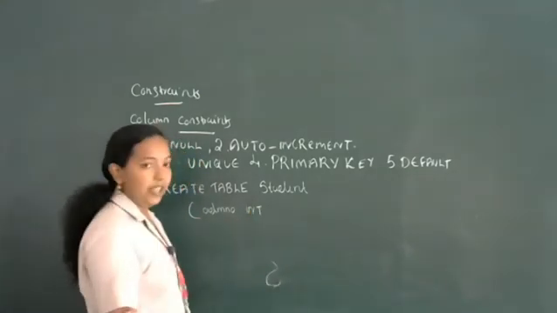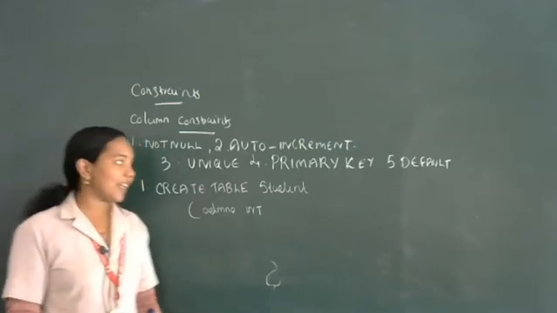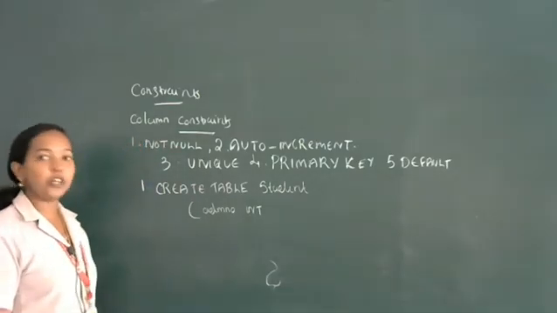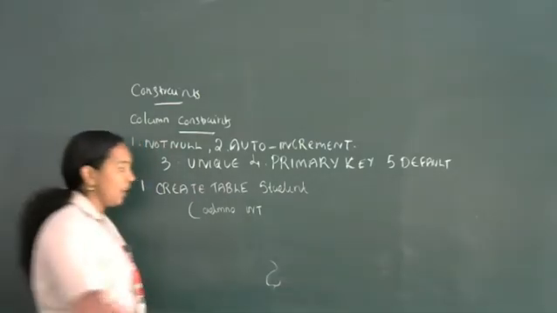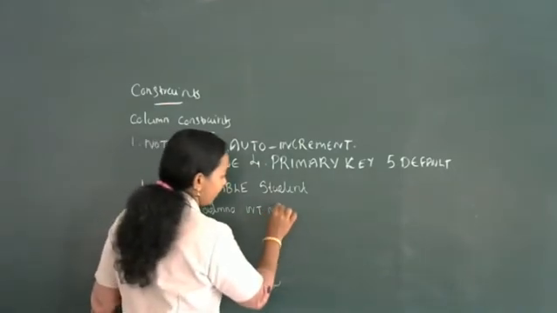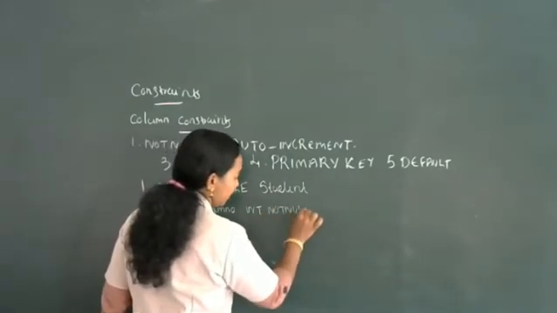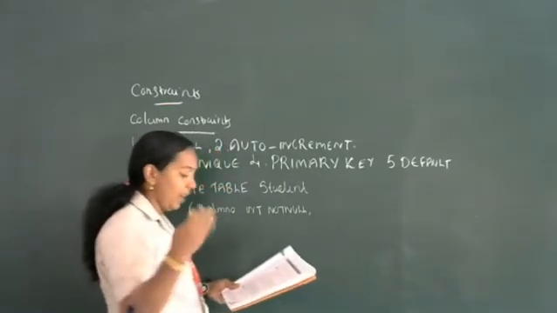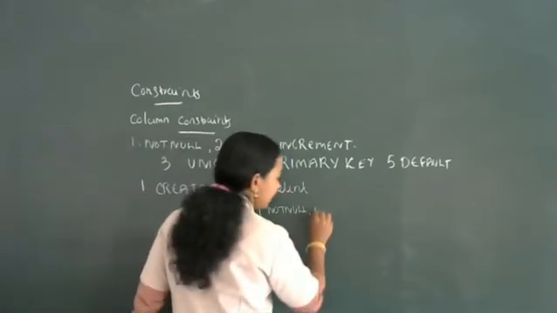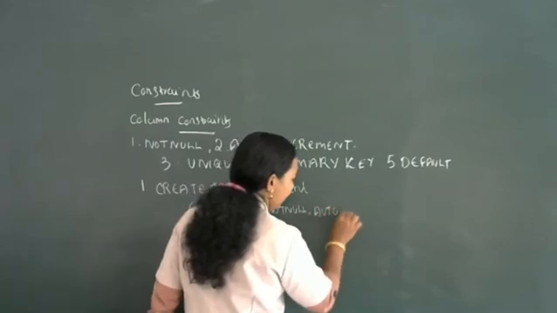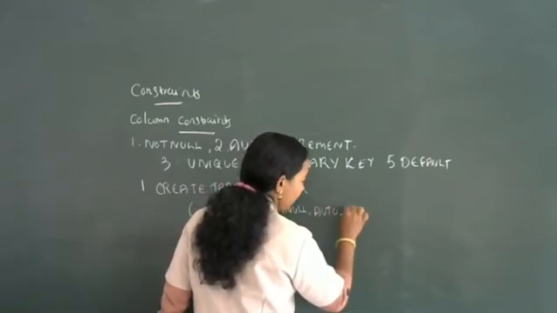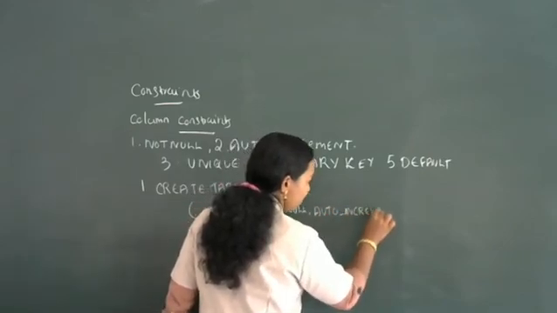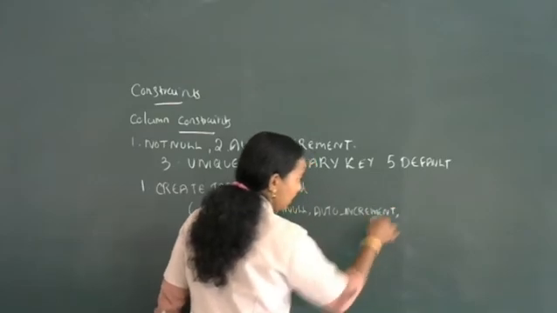Int. Then admission number acts as a unique identifier, so it will not be empty. So I can use the constraint not null. Then auto increment also I am going to give. That means in every step it will increment by 1. Auto increment. So the first column is over.